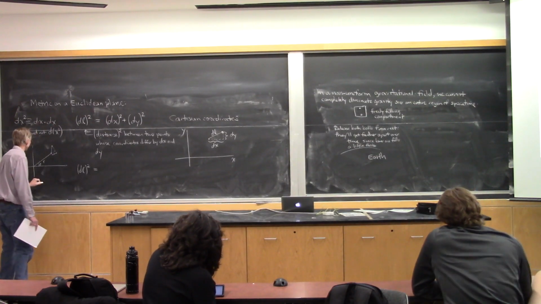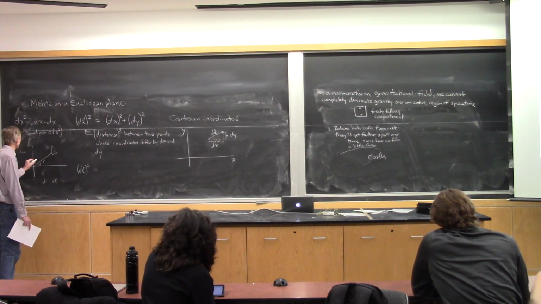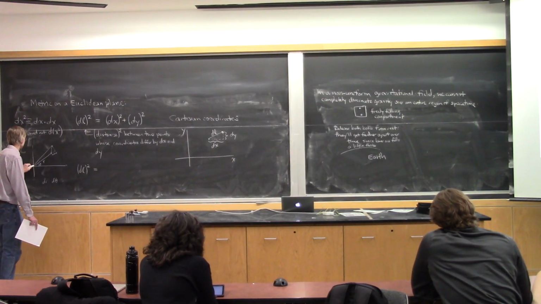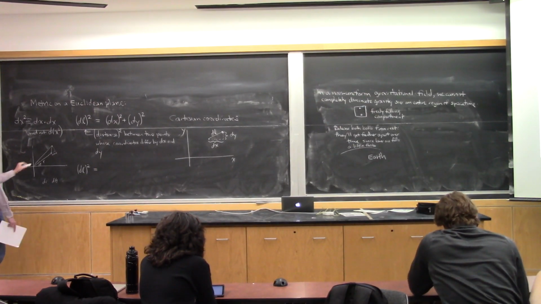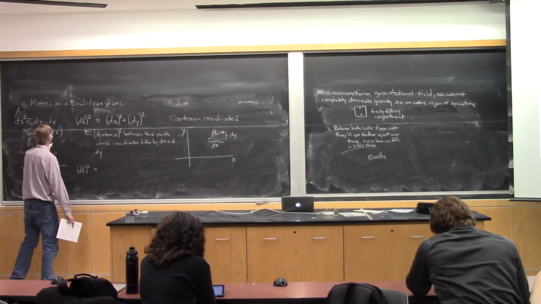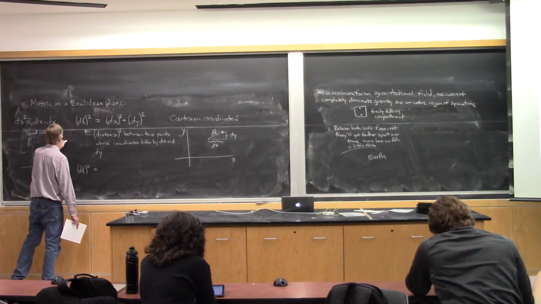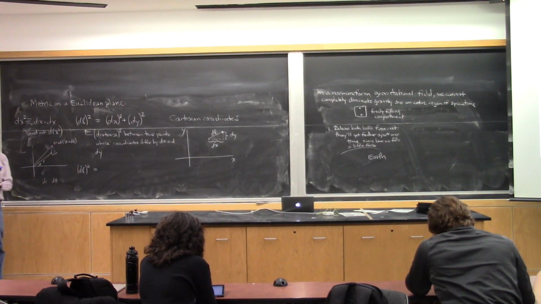So now I'm going to want to think in terms of dr and d theta, how much their r and theta coordinates differ from one another. So here's my first point at r, theta. Here's my second point at r plus dr, theta plus d theta. Those are its coordinates.